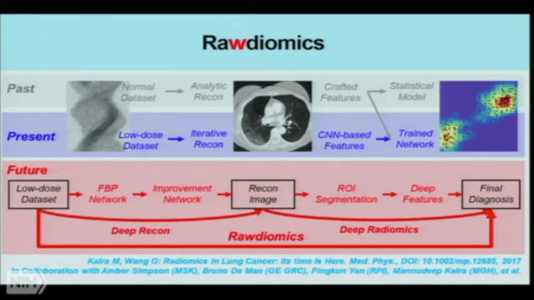And since it is a channel of features, why not we do multiple image reconstructions using complementary algorithms? Then you effectively broaden the space of features. Based on the broadened space of features, you perform image analysis, and you do radiomics for better performance.